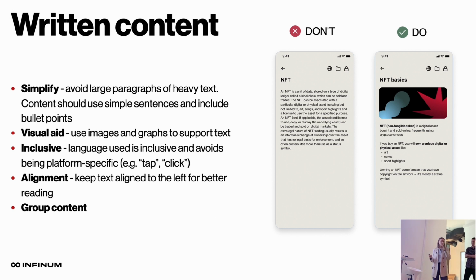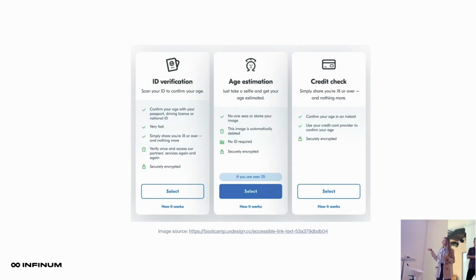Instead, we can choose either select or choose. Also, we should keep text aligned to the left for better reading. That, of course, depends on the market you're designing for. And we need to make sure that related content is grouped together. That also aids the scanning of the content.